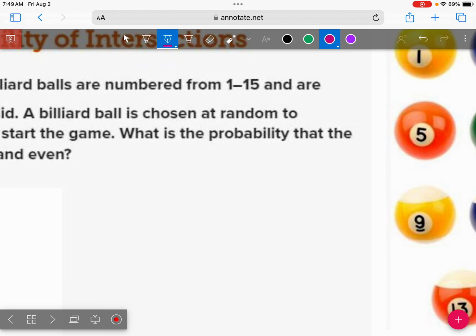See if you can figure out what is the probability that it is striped. Striped always looks wrong. Just looking at striped first. What is the probability that we would pick a striped ball?